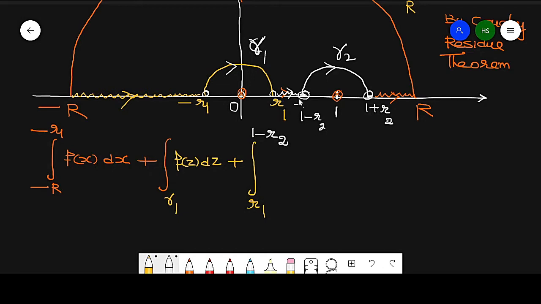Again it is a real axis, so I write it as the integral of f(x) dx.